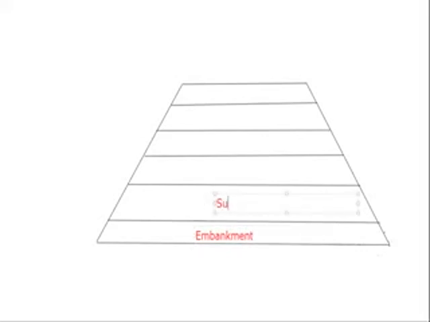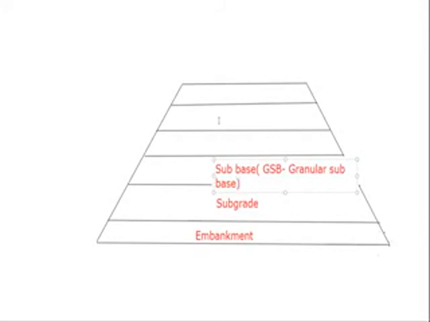Just understand how this will be constructed. You can see here, I will give an example. You can see the total width of the embankment. Assume this width as some 20 meters, and we are constructing for a 2 lane road.